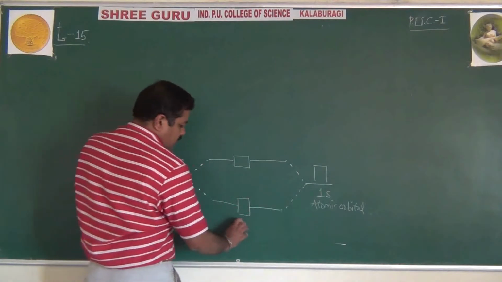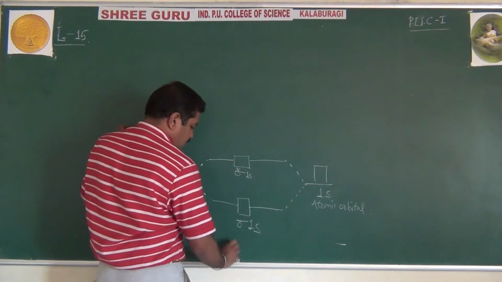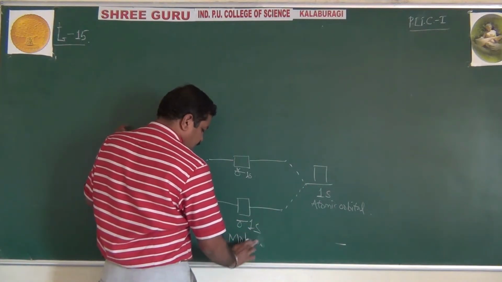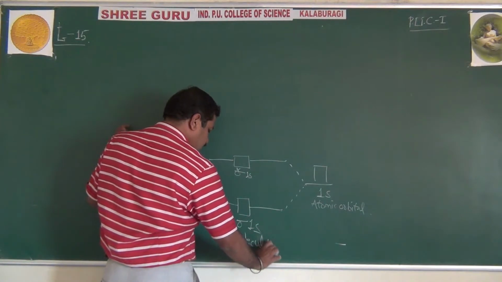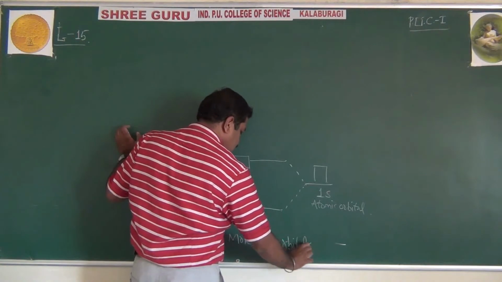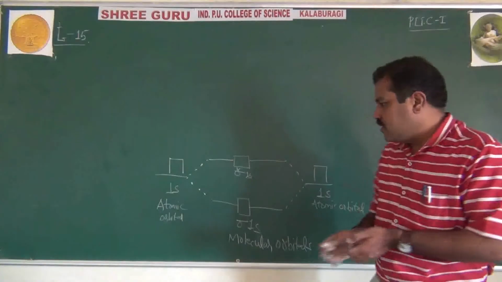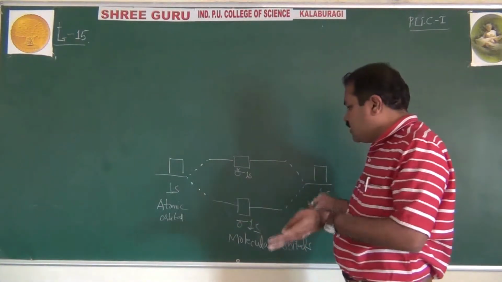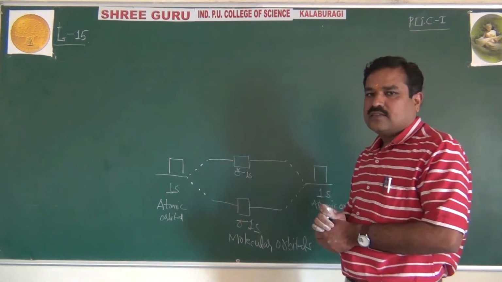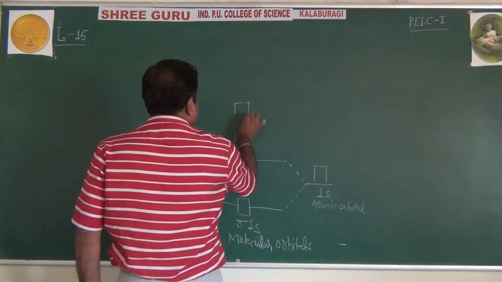This is sigma 1s, sigma star 1s. These are called molecular orbitals, bonding and antibonding. That means two atomic orbitals of nearly the same energy and proper symmetry, see, 1s, 1s, mix up to form sigma 1s and sigma star 1s, bonding and antibonding. Like this. Next, same way, 2s.